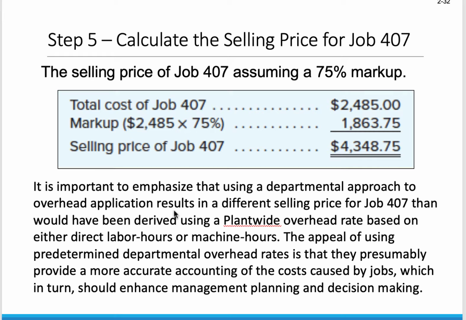So how are we going to calculate the price? Very, very simple. We know we're using cost plus markup. Well, what cost? We're using the total manufacturing cost incurred. The cost for job 407 was 2,485.